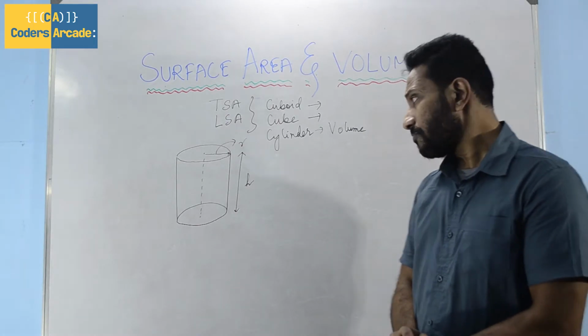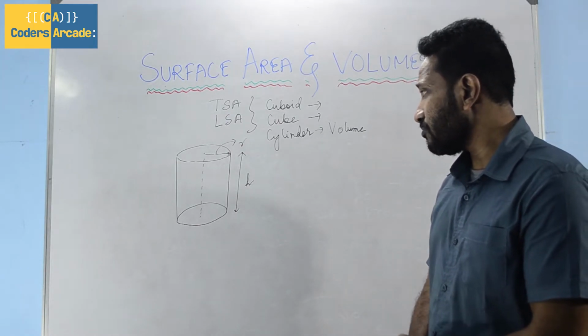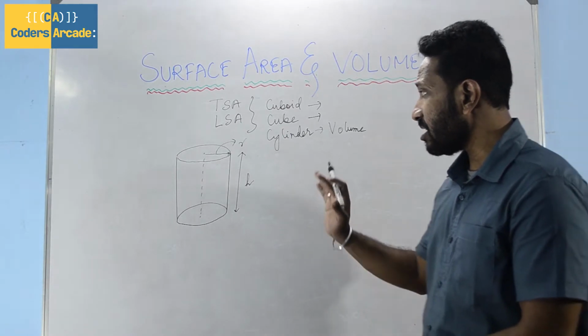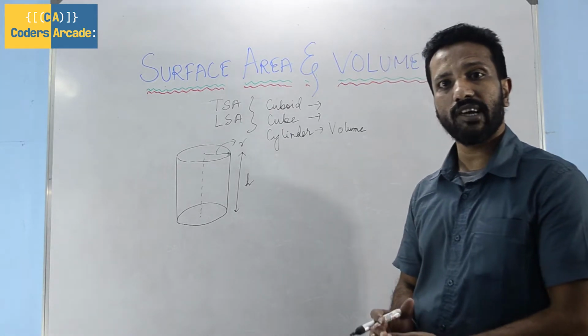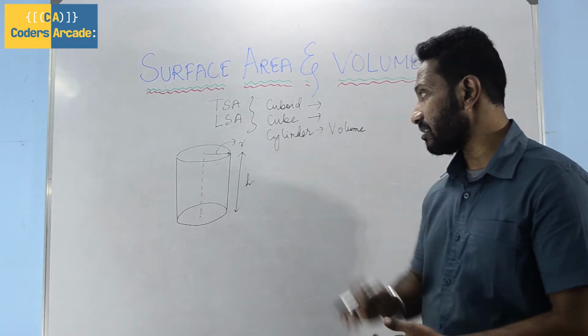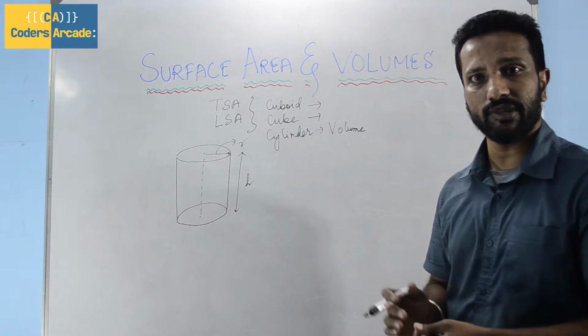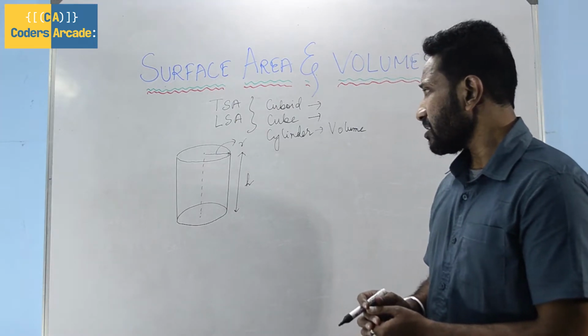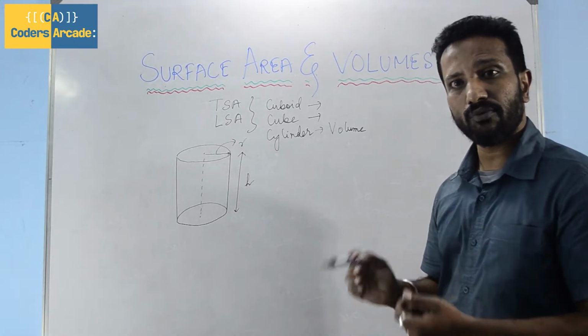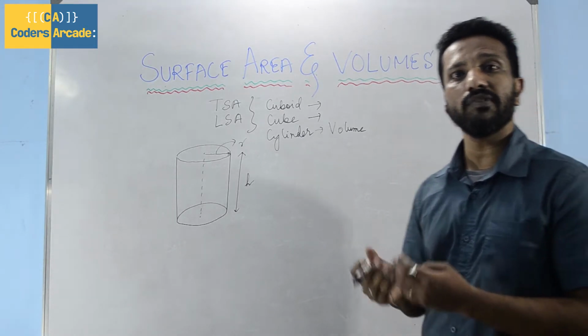Now, in order to calculate the volume, we have to think about a simple and easy concept so that we can derive the formula for the volume of the cylinder. So what to do? That is the next question, right? First of all, let me tell you a very simple trick with the help of which you can easily derive the volume of a cylinder.